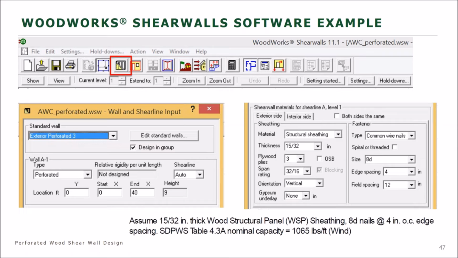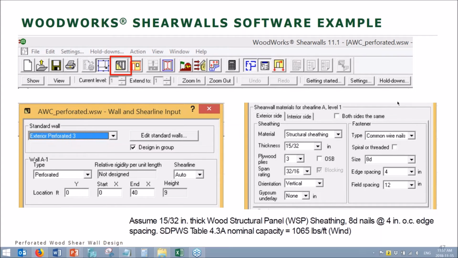If we look at the specific example that we were doing today with Lori, we can see here that we can define the exterior side of the shear wall as a structural sheathing wood panel material that's 15/32 inches in thickness, and we can define as well the types of fasteners that we're using.